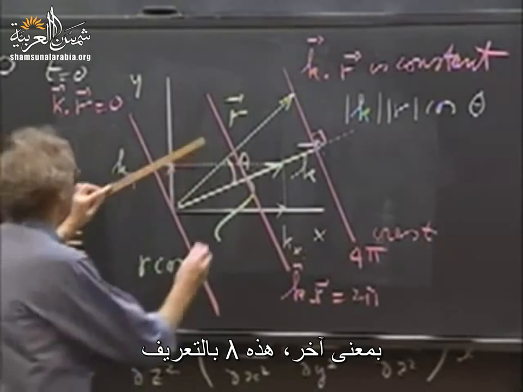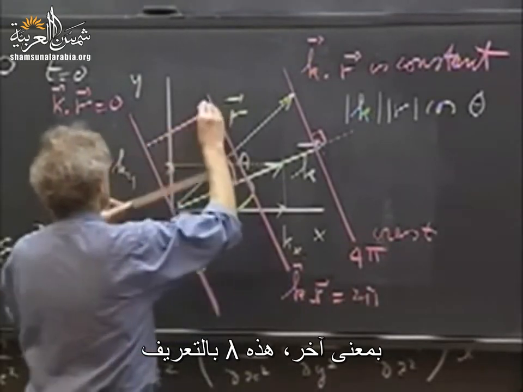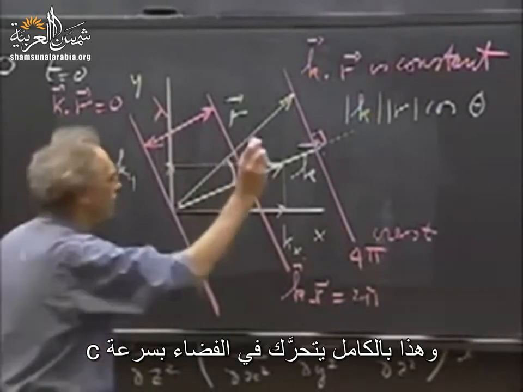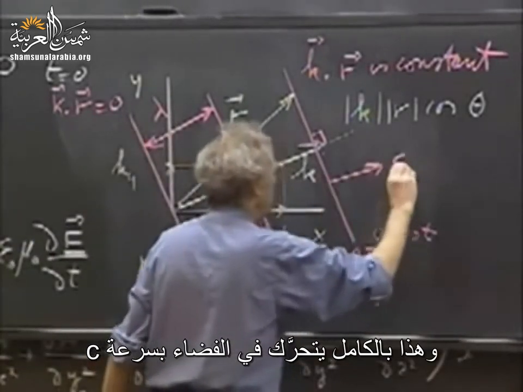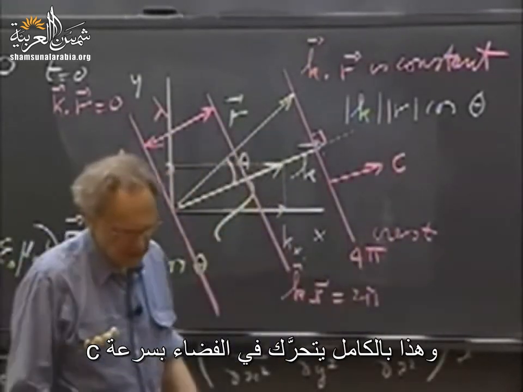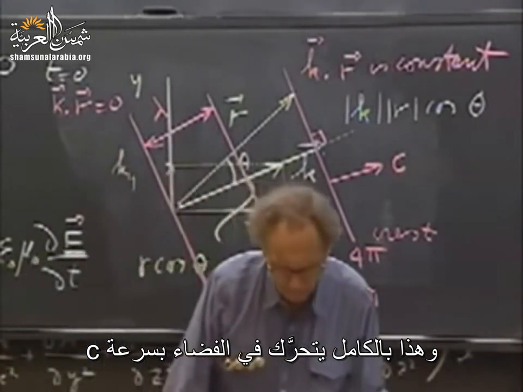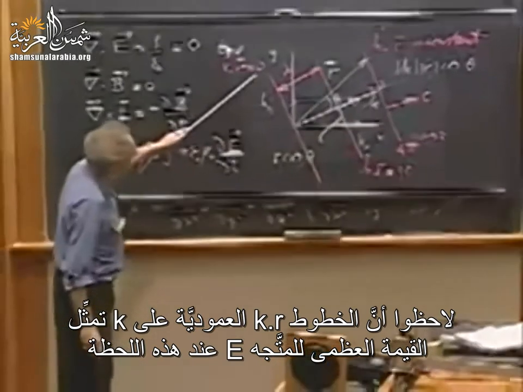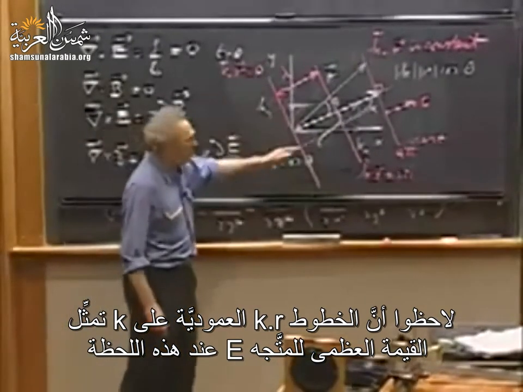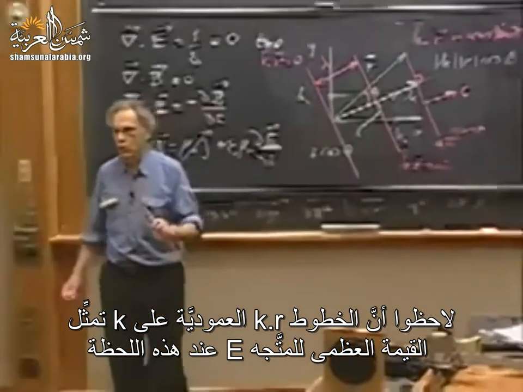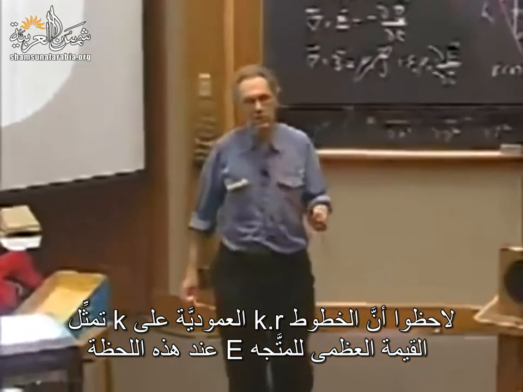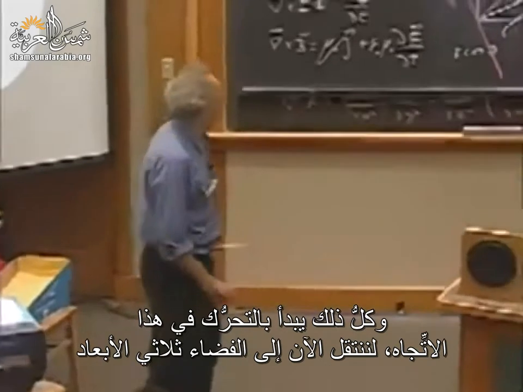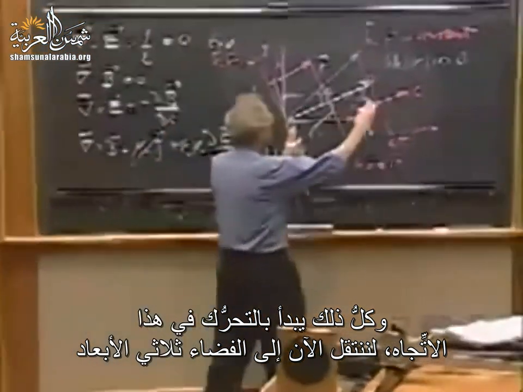In other words, this here is by definition lambda. And this whole thing moves out in space with speed c. And so you see the lines k dot r perpendicular to k represent the maxima of the E vector at this moment in time, and all that starts to move out.